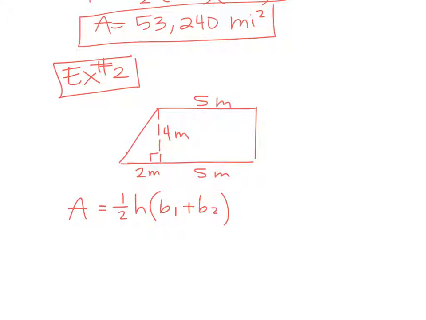What is h in this problem? 4, okay? And even if they told you this was 6, you're not using that 6. It has to be the perpendicular height. So 1/2 times 4. What's B1, what's B2?